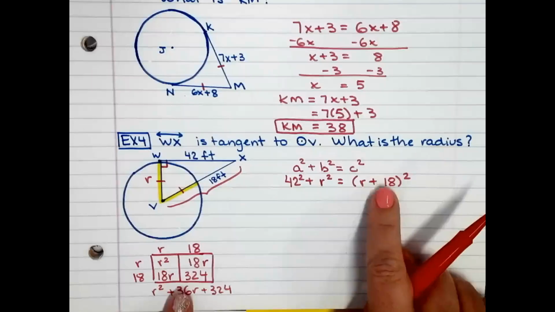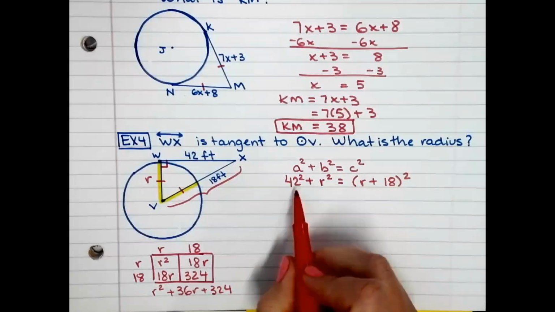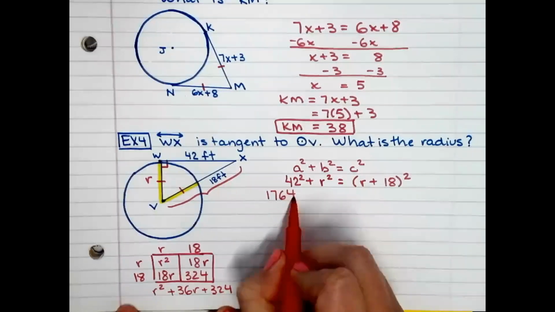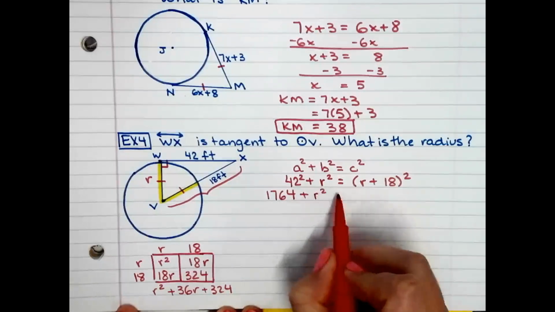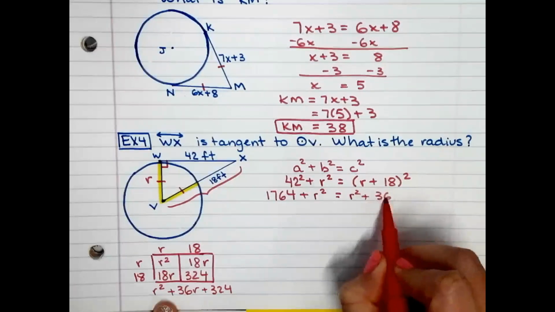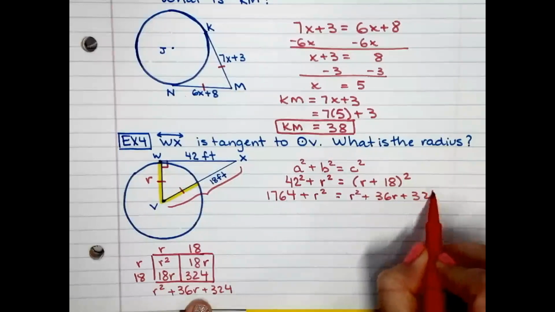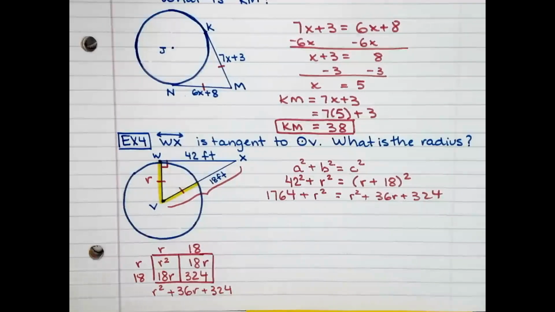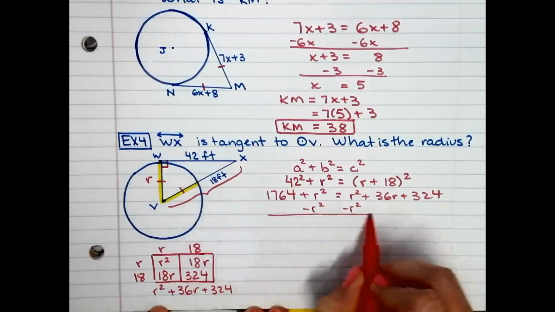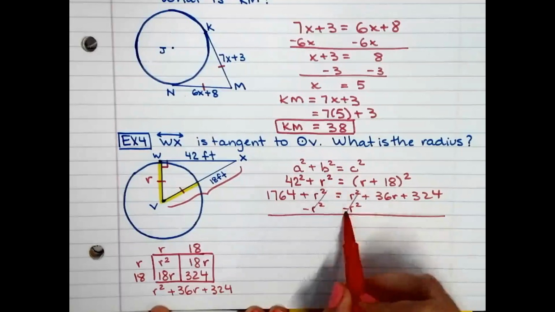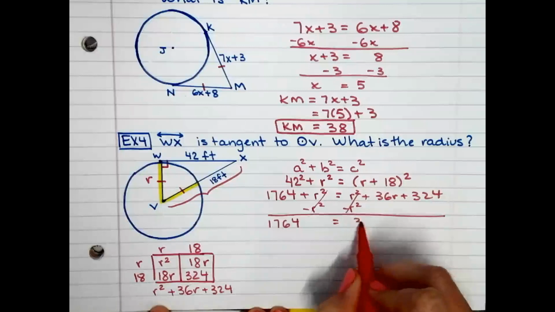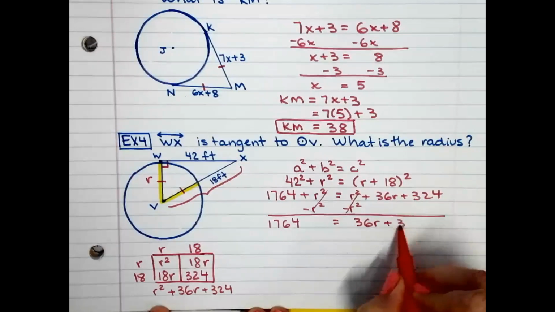So I know this is the same as this: 42 squared, 1764, plus r squared equals r squared plus 36r plus 324. Minus r squared from both sides, and here I have 0. So 1764 equals 36r plus 324.